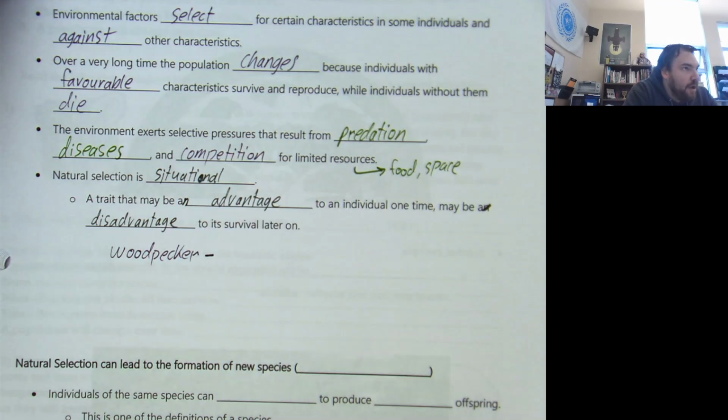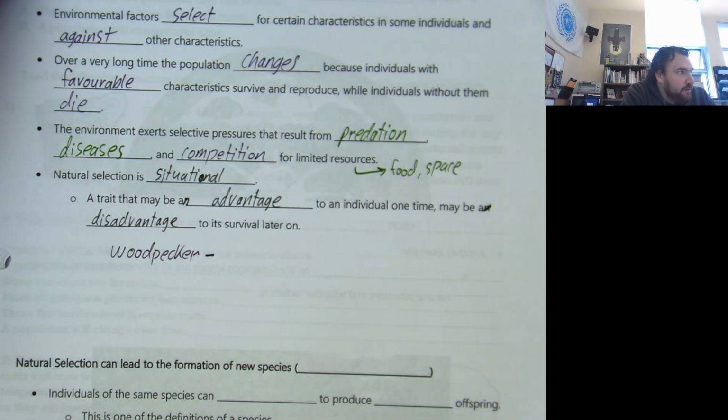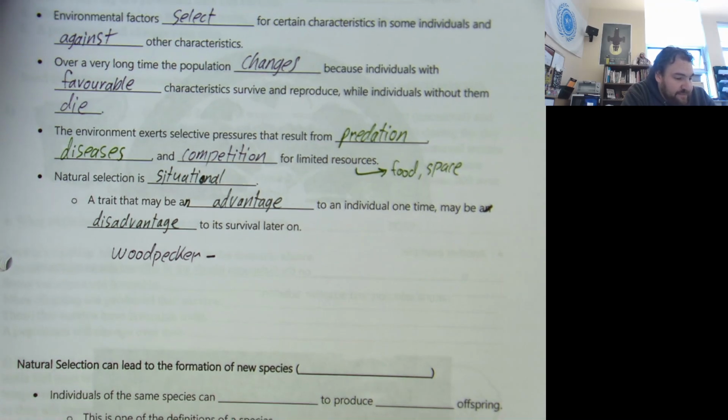Here's my example. What is the woodpecker designed to do? Why? To get food. There's insects in the trees it wants to eat. What if those trees die out?